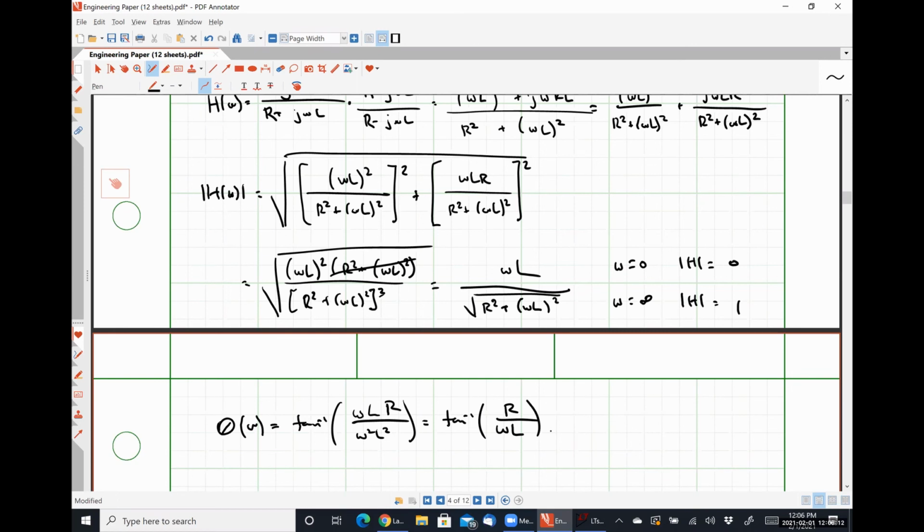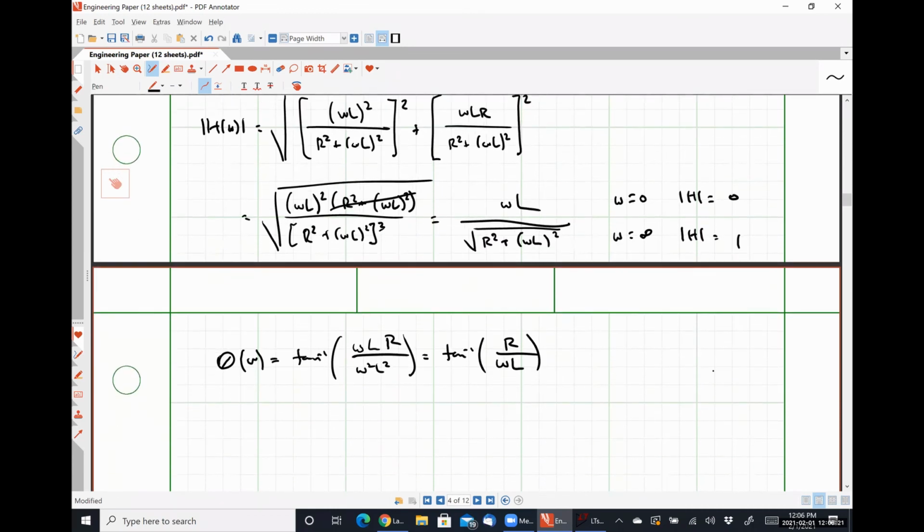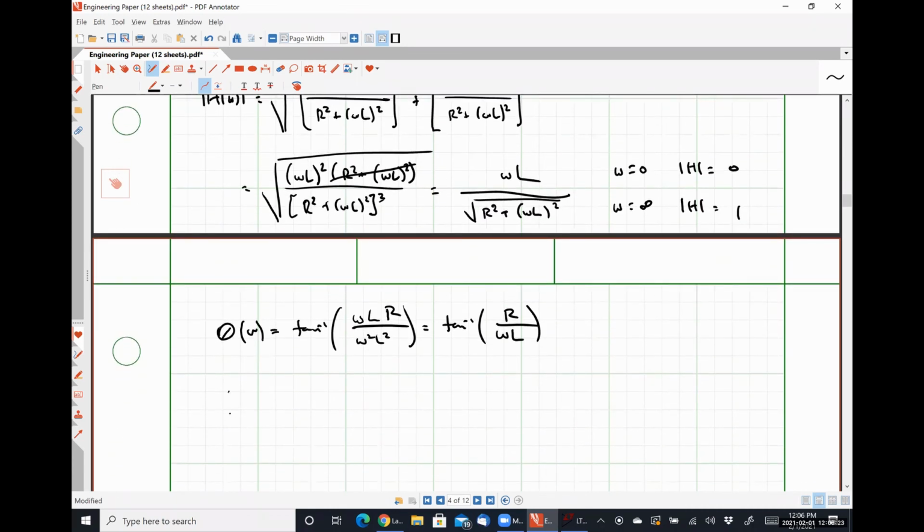Our corner frequency, exact same definition as before, is going to occur when that ratio is 1 over the square root of 2. So that means that we would have 1/2 is equal to omega L squared over R squared plus omega L squared.